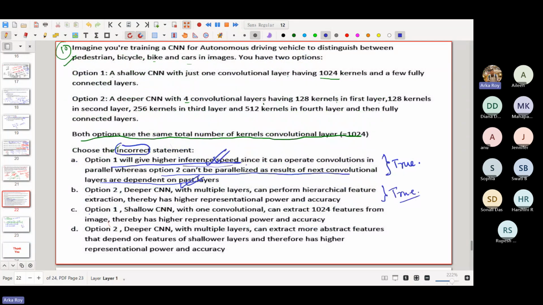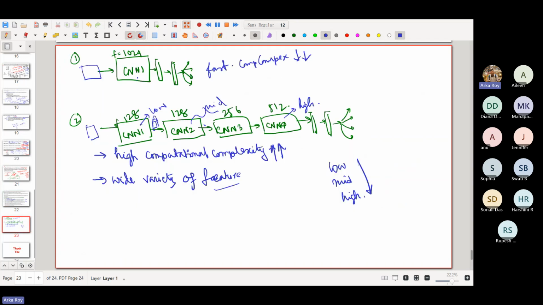Now option C is option 1, shallow CNN with one convolution can extract 124 features from the image, thereby has higher representation power. It is false because you can see that a shallow CNN has only a single CNN layer, and this particular CNN layer would not have a very good number of features because you do not have multiple hidden layers, it is not a deep CNN.